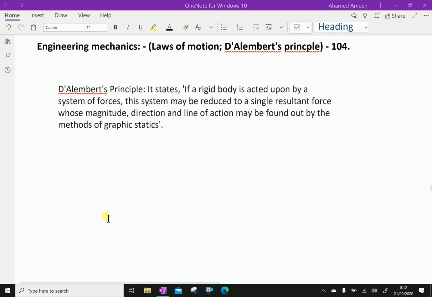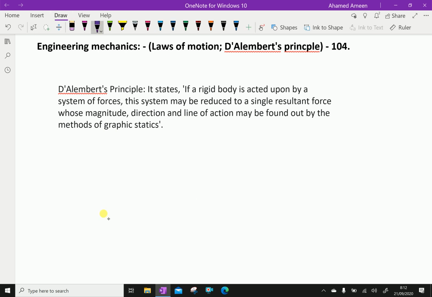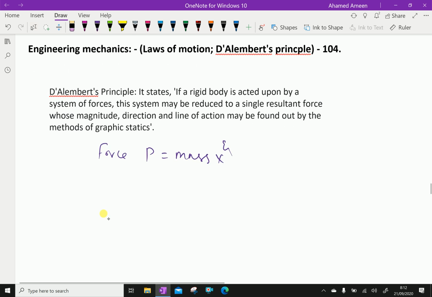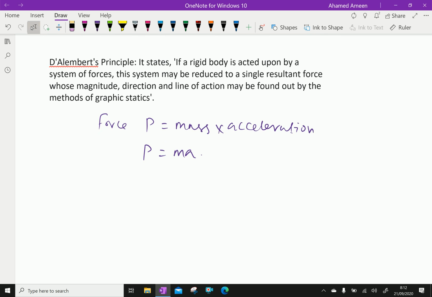Now we know that force P equals mass into acceleration, that is P equals ma, where m is the mass of a body and a is the acceleration of the body.